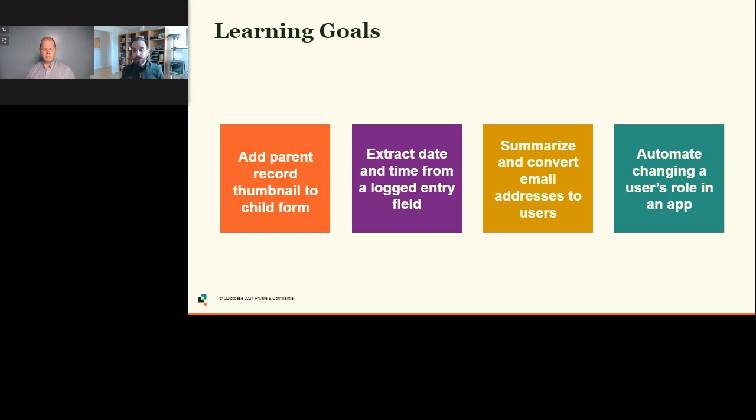Eric will then be walking you through summarizing and converting email addresses to users. So with that keyword summarizing, that means we're bringing user values from a child up to a parent, which you may have for a number of use cases. One example of that would be if you're using an app for employee lifecycle management and you have a bunch of checklist items for folks around the org from HR and IT, they may be assigned a specific item or task.